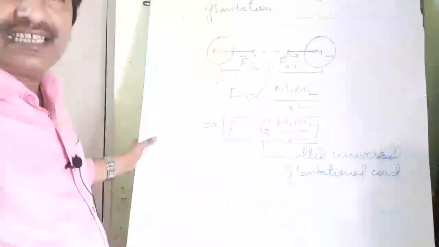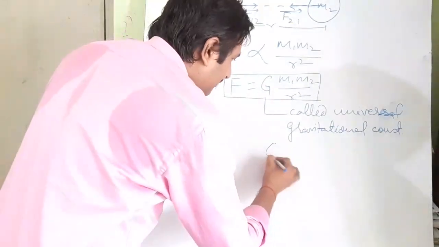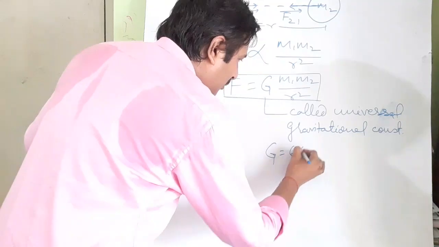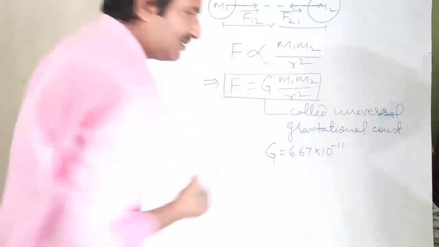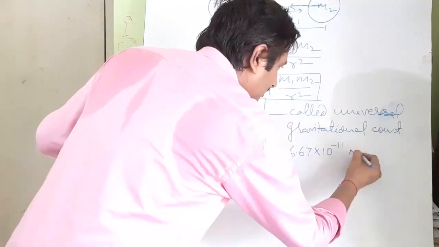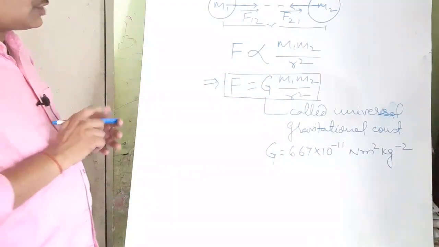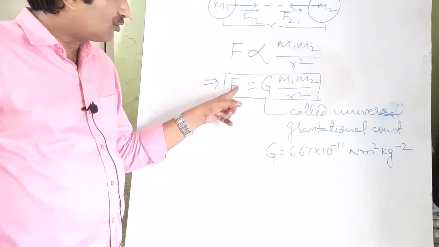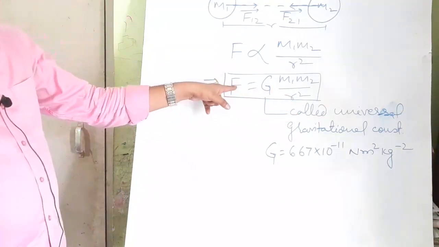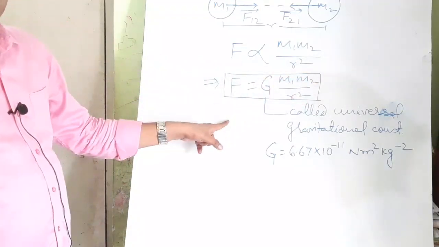Now this constant has a value. The value of G is equal to 6.67 into 10 power minus 11 Newton meter square per kg square. You can understand the unit of this capital G. G is equal to F, which is Newton, into r squared, which is meter squared, divided by m1 m2, which is kg into kg, so kg squared.